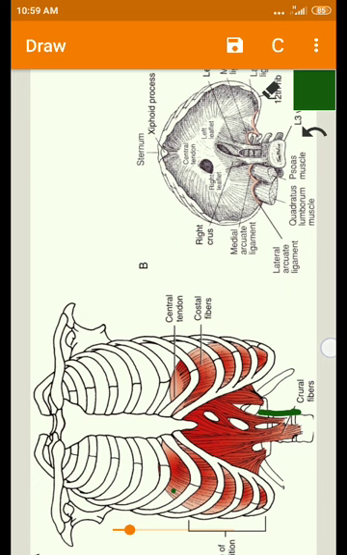Again, the right and left crus, or the tendons that arise from the L1 to L3 lumbar vertebrae, pass ventrally and medially, joining together to form an arch just ventral to the aorta.